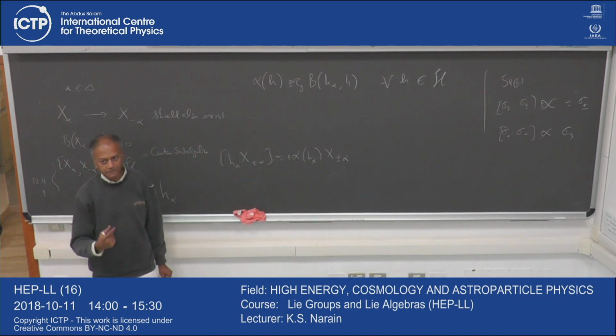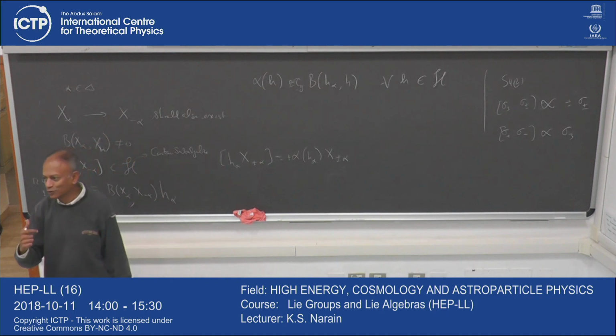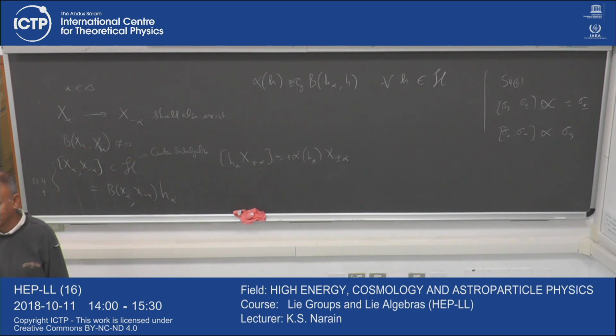So we see that for every root there is an SU2 subalgebra. It's a subalgebra because it closes; it doesn't give you the other elements of the full algebra. This is a very important point.